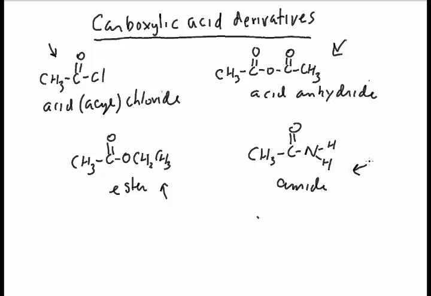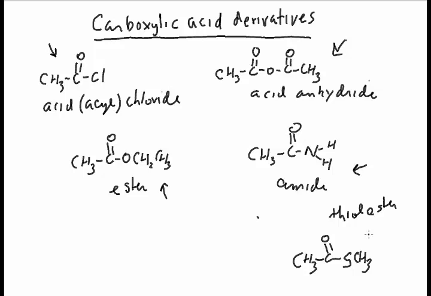What I should probably put in for the sake of completeness is what's called a thiol ester, which would have a sulfur in it. And so that would be represented by this structure here. The sulfur one tends to be slighted, but it has as much merit as the others, and is a bona fide carboxylic acid derivative.